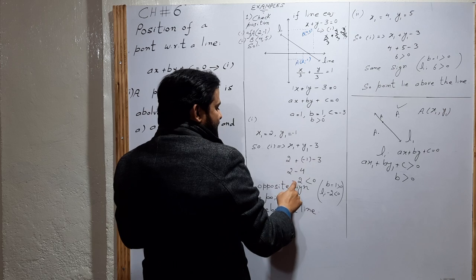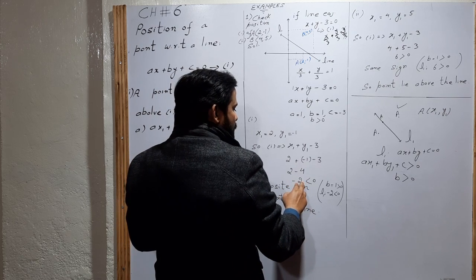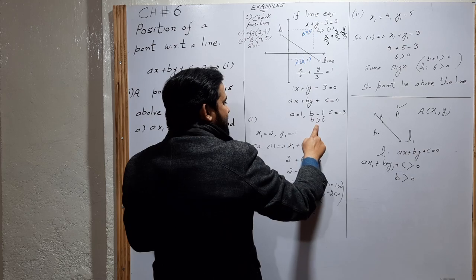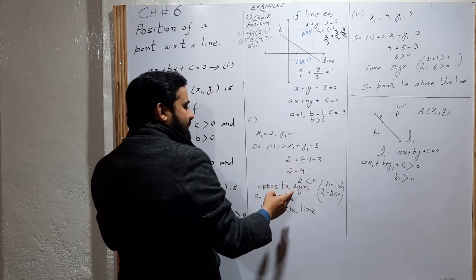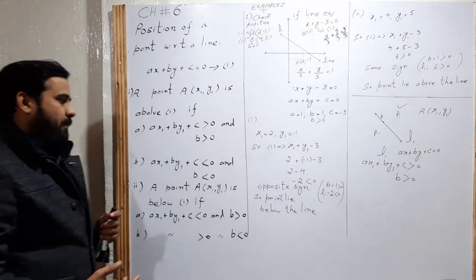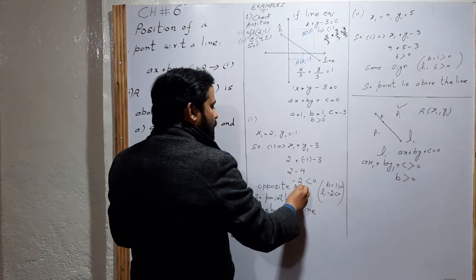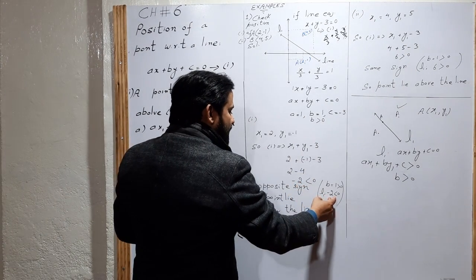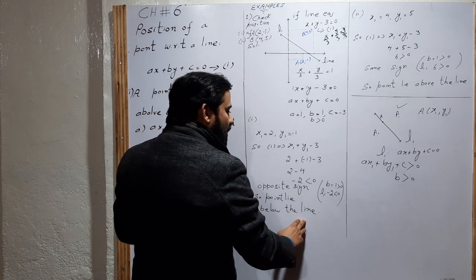Simplifying, this gives us minus 2. B in this case is greater than 0, and after putting the point in the line it gives us a negative result. It means opposite signs, so the point lies below the line.